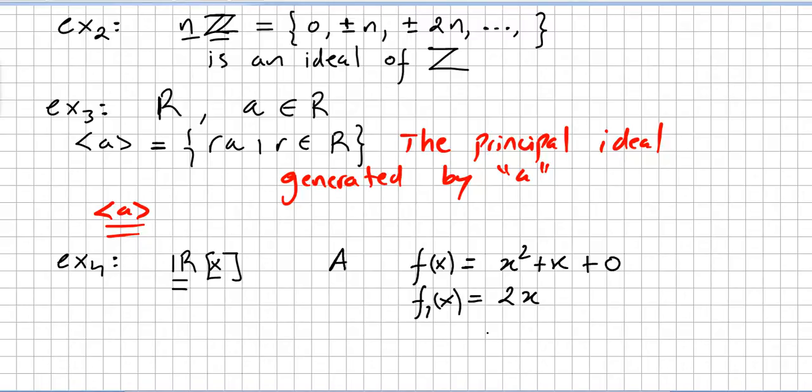The constant term will always be 0. This subset A is an ideal of the polynomials with real coefficients. Now, you can check this as a last example.